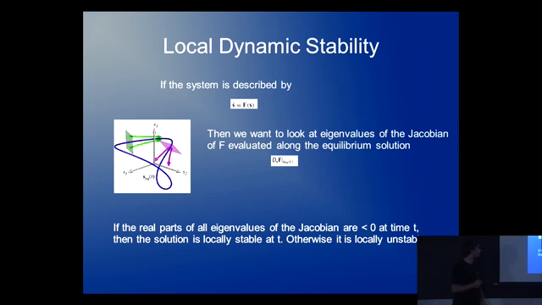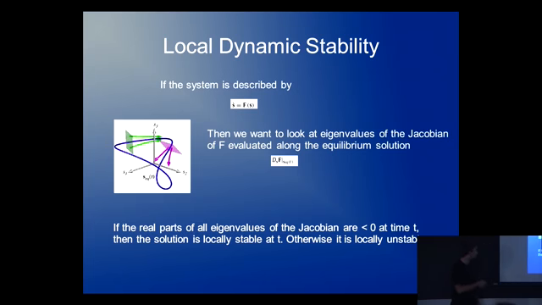And say that our system is described by an equation of motion, and this is a complicated bit. Then we want to look at the eigenvalues of the Jacobian of this complicated bit, which is basically a derivative, the Jacobian, so the derivatives of this, say, force at the equilibrium solution.